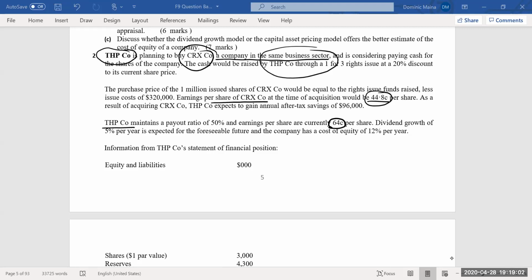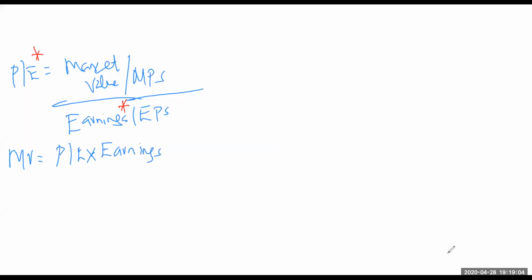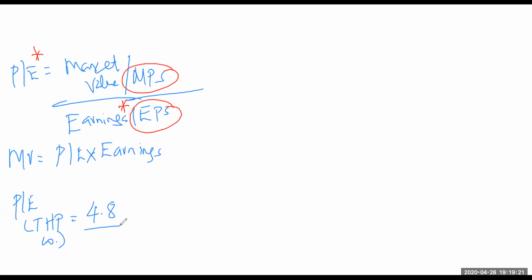Going back to our board here, the PE ratio, don't forget this is for THP company, will be equal to the MPS divided by earnings per share, which is equal to, therefore, MPS was 4.8, the earnings is 0.64. I think we have just been told in the question.